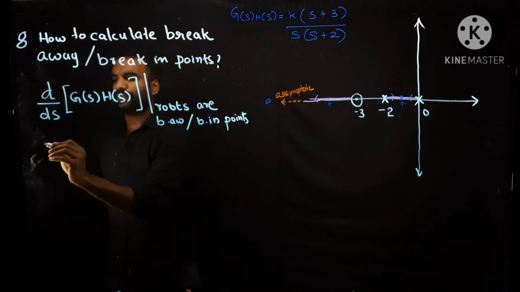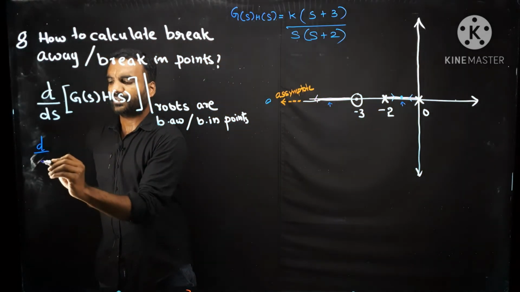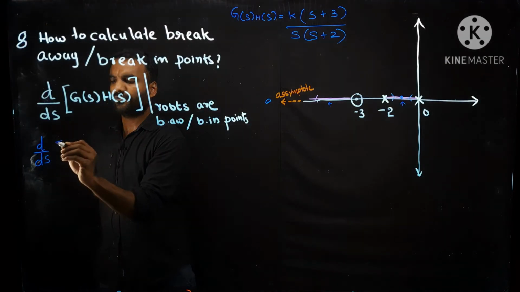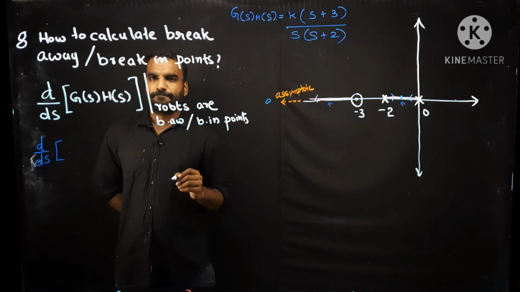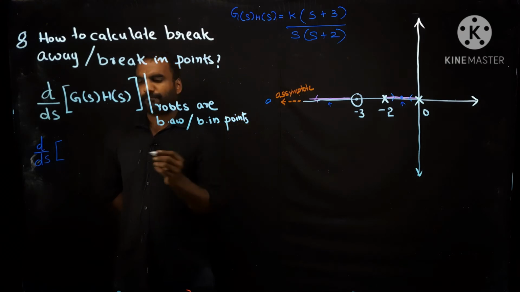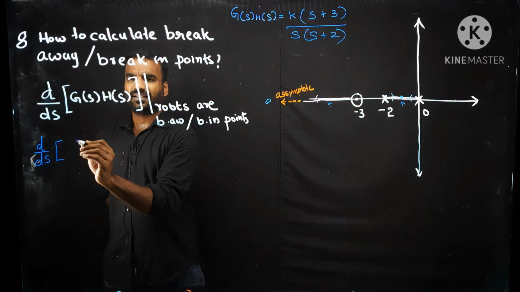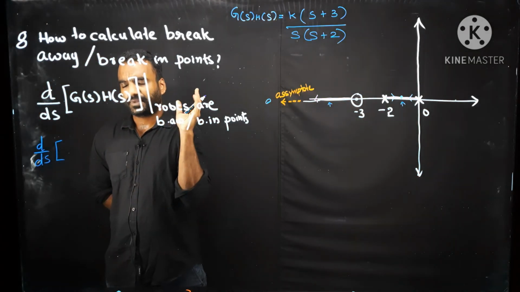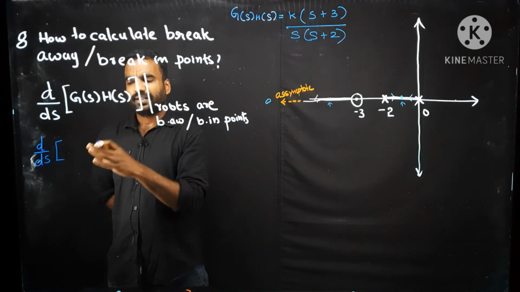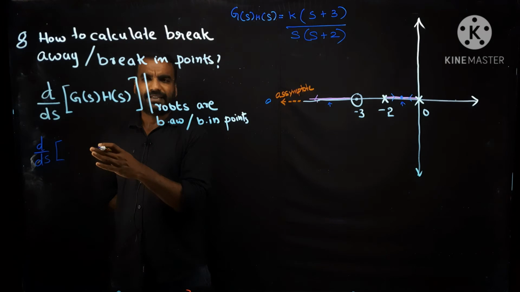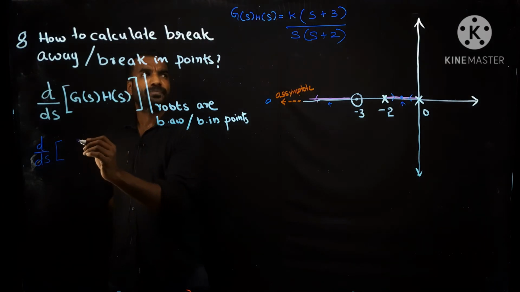So we are going to find the derivative of that, d by ds of it. Let me eliminate K for the time being, as the derivative of K is a constant. Its derivative will not make any change in the solution. That's why.